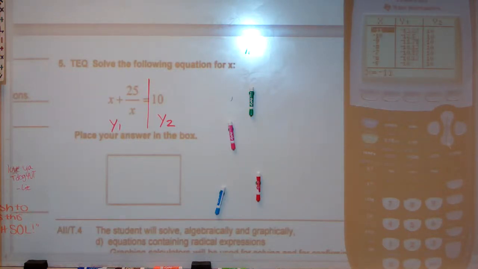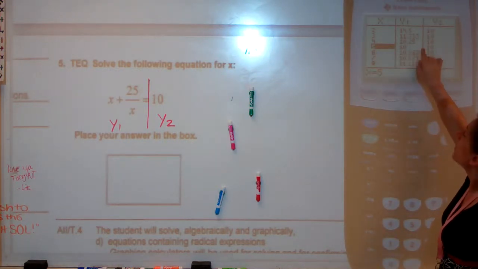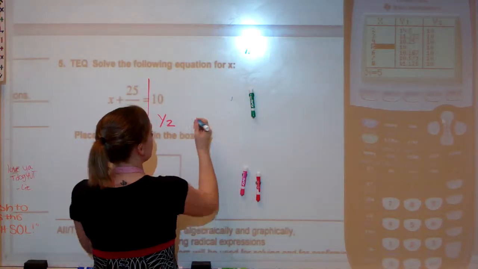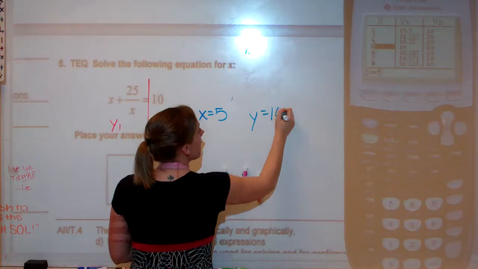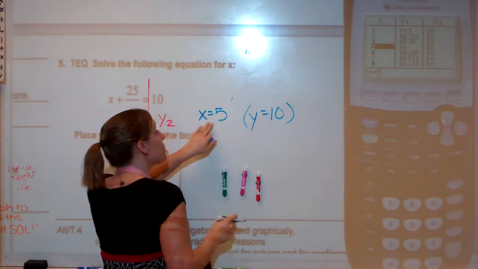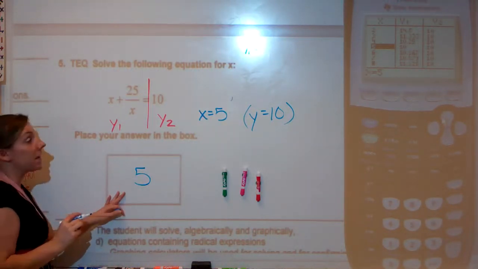It looks like we're going negative, so let me go the other way. There are positives, and we're getting close to 10. And if you notice, right here, it is 10 and 10. So x equals 5. When y is 10, you don't really care about the y value. That's just where they match. So this is the answer. Place your answer in the box. That would be a 5.